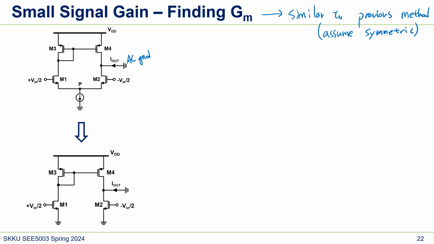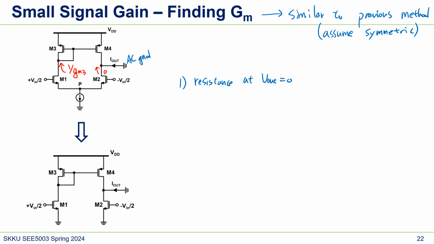So in this case, the impedance here is 1 over GM3, right? And the impedance here is 0. So if we write it down, the resistance at Vout is 0, right? Because of this AC ground. Again, we're looking at small signal.